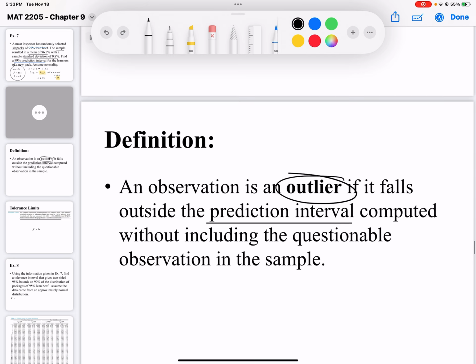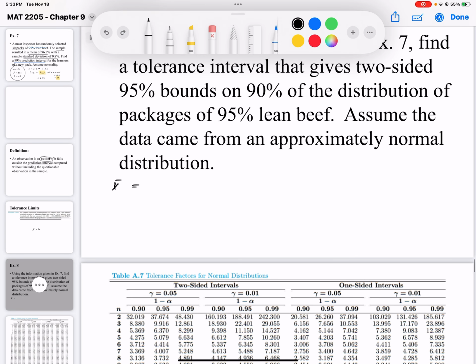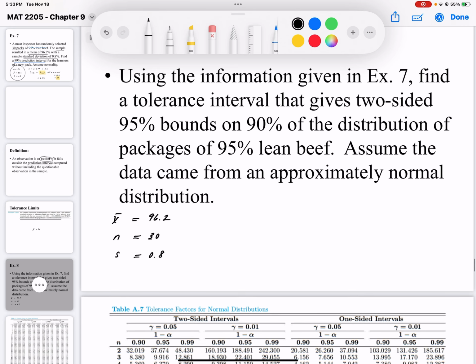Our X bar was 96.2%. We had 30 in the sample, and we had an S value of 0.8%. So we're using those same numbers.